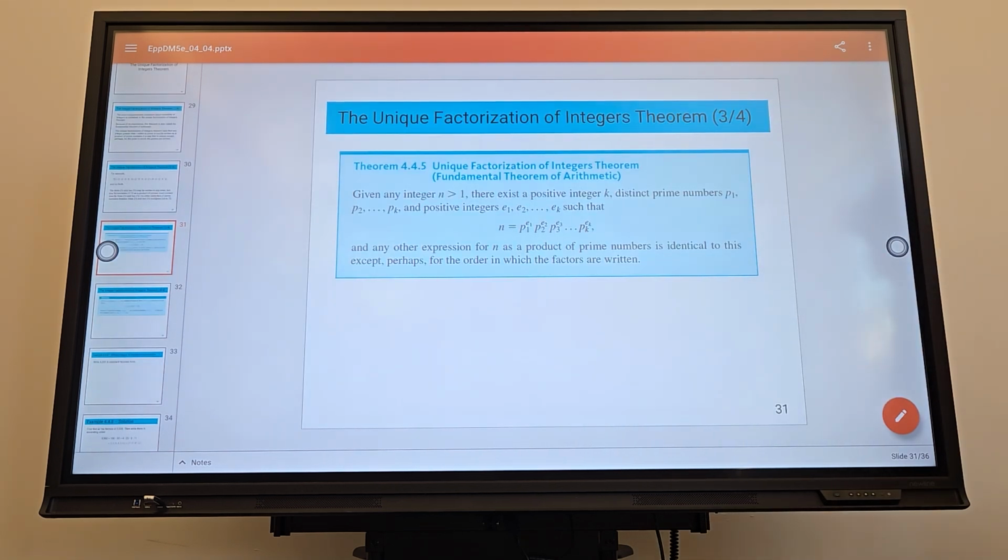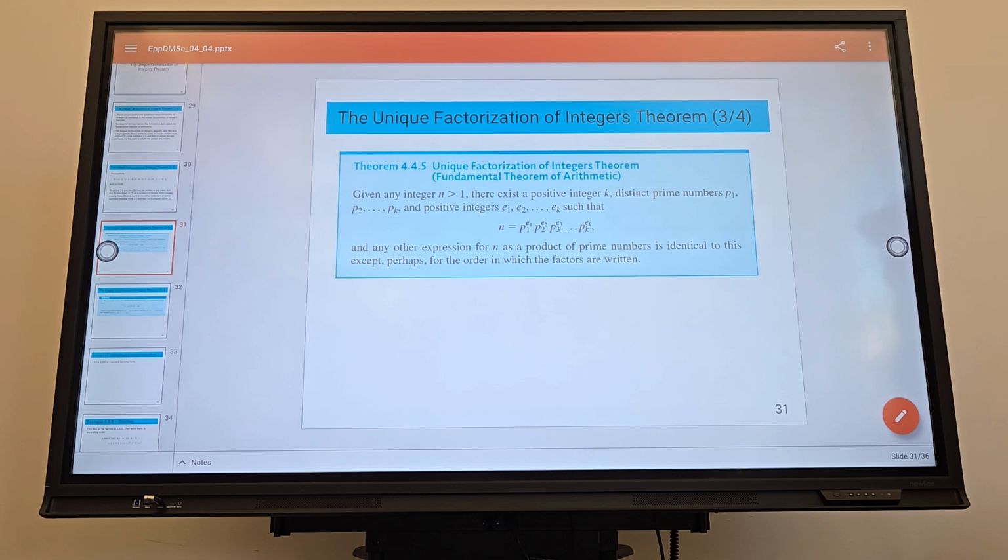Given any integer n greater than 1, there exists a positive integer k, distinct prime numbers p1, p2, up to pk, and positive integers e1, e2, to ek, such that n equals p1 to the e1 power times p2 to the e2 power times p3 to the e3 power, and so on to pk to the ek power.